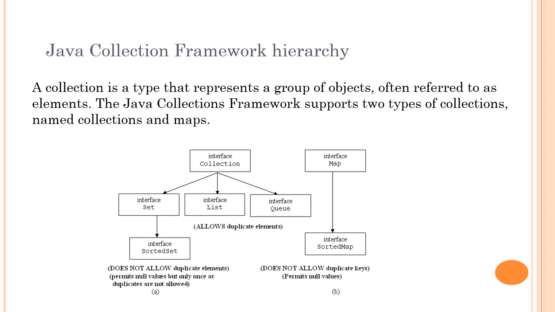A queue has two sides. Entries are added to its tail end, while entries are removed from the top, or what we call the head. This is often described as first in, first out. Java also offers another interface called map. In a map, we can store pairs of key values.